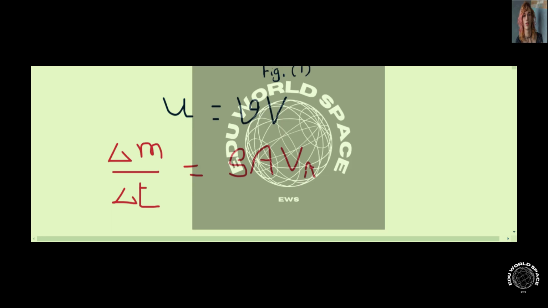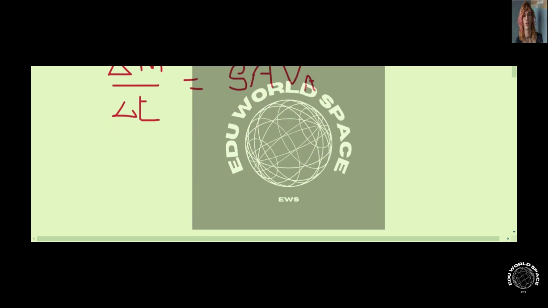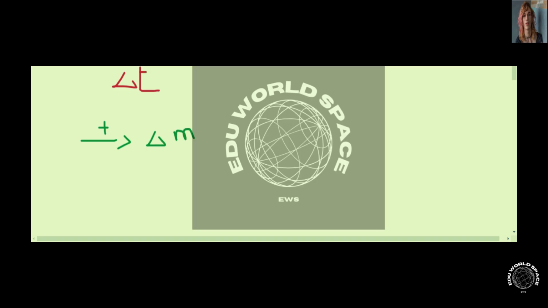Now applying the impulse and momentum principle, we can write, with this representing the positive horizontal direction, delta m u minus F_t delta t is equal to delta m u cos theta.